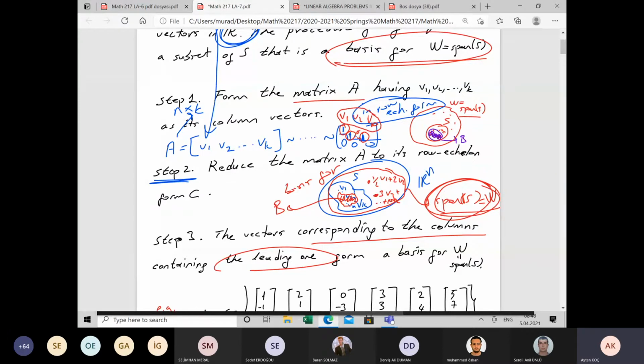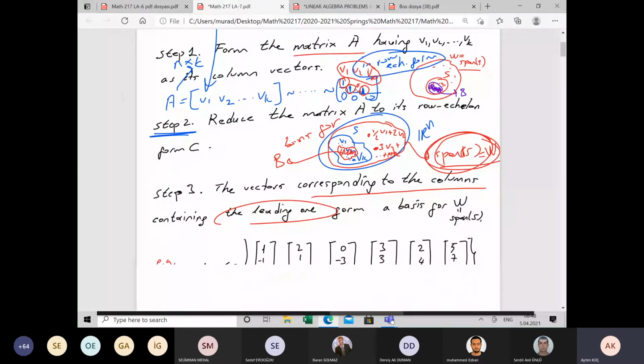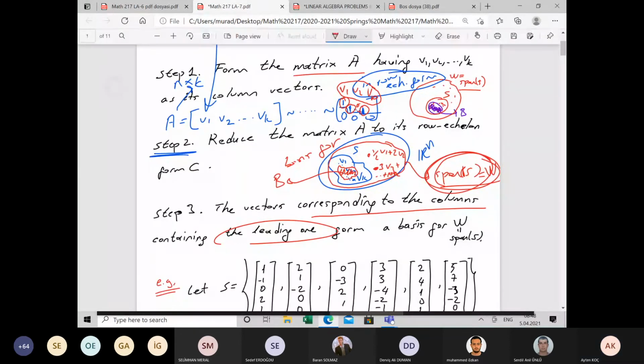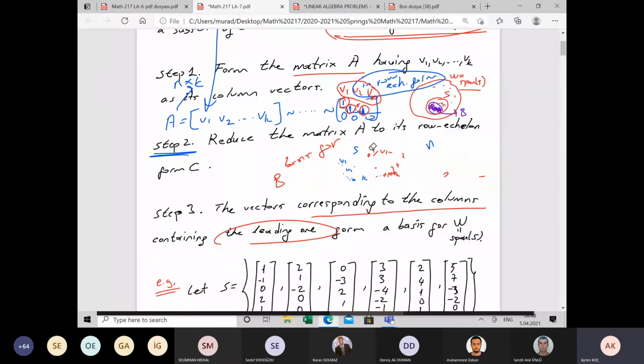To understand this, let's give an example.